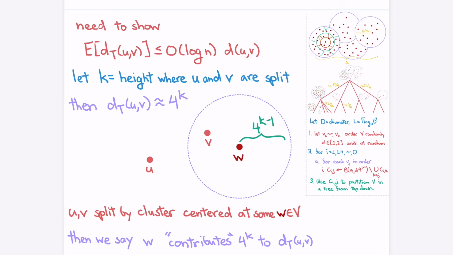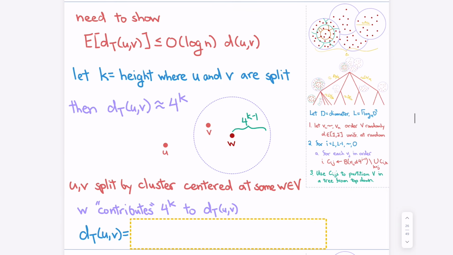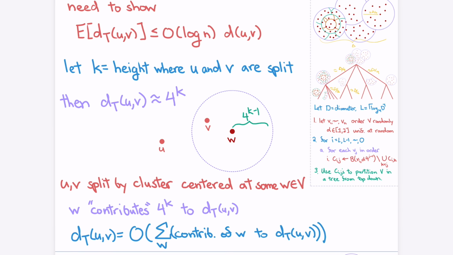So ultimately, one way to think about the assigned distance is to sum up over all the vertices W how much W contributed to the distance. A vertex only contributes if it was the center that split them up, and its contribution was whatever that radius or diameter was at that point in time.